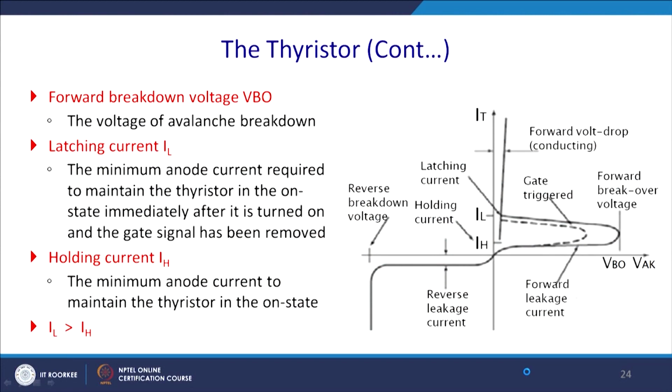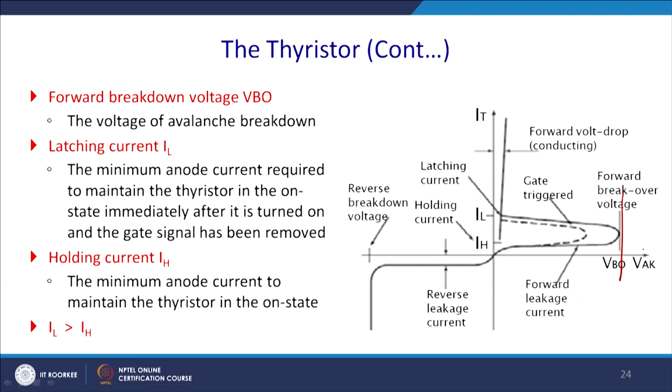There are a few important terms. The forward breakdown voltage VBO is prescribed in your data sheet. It is determined by a destructive test of the devices; generally the device does not survive the test, so we do it with a few samples and present it in the data. So, this is VBO, called the forward breakdown voltage.